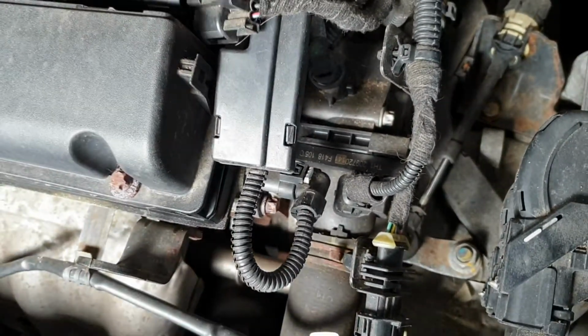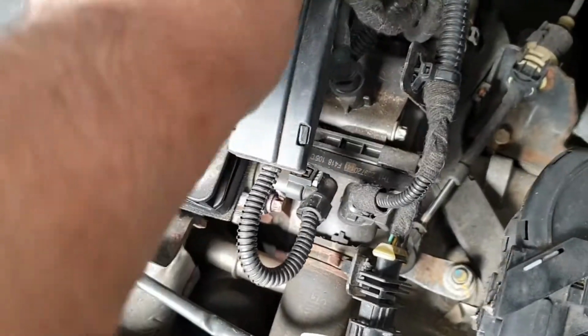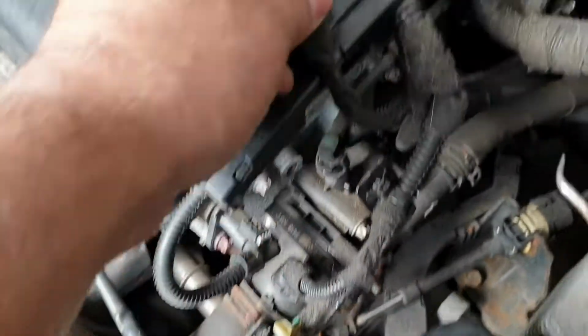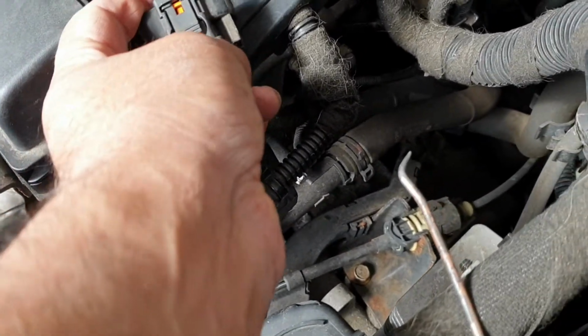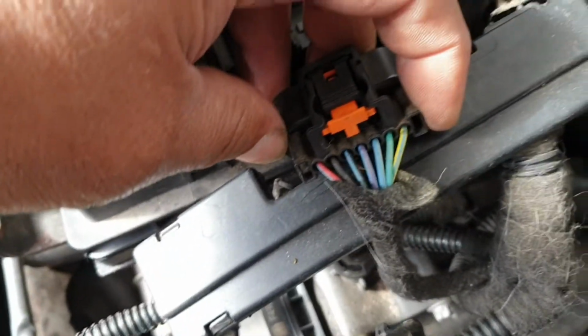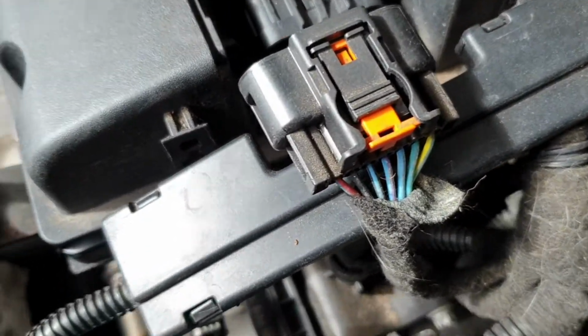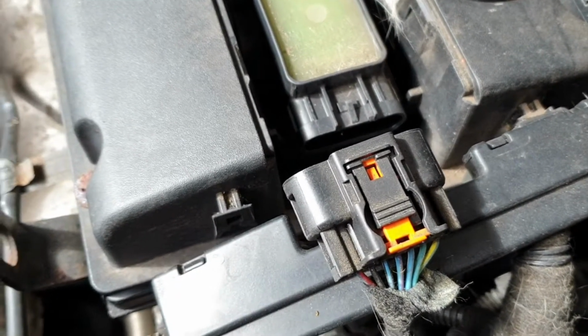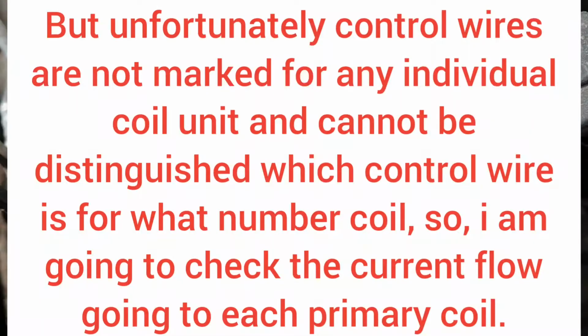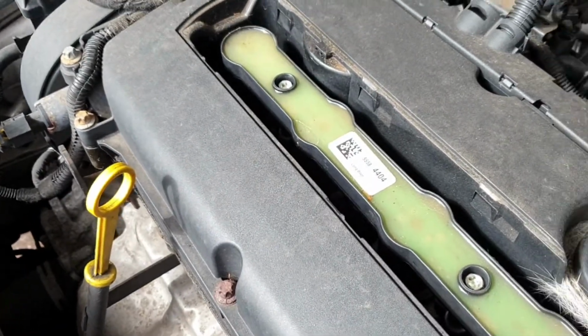So then you have access to the back of the connector, so you can back probe all of them. So I'm going to find the number 1 control wire and see what the number 1 coil is acting or doing.